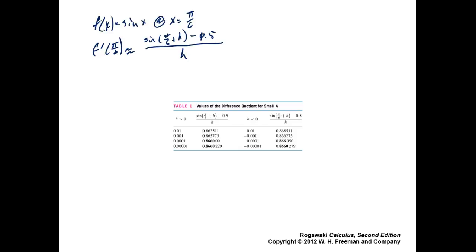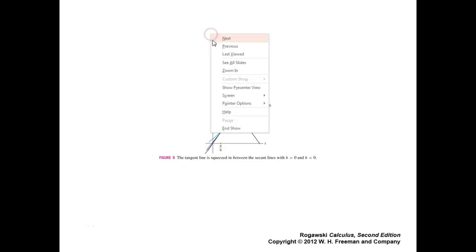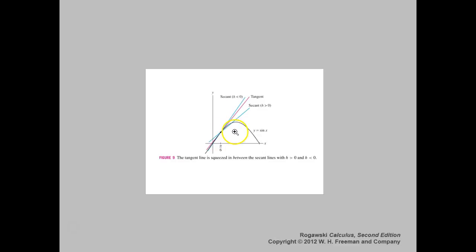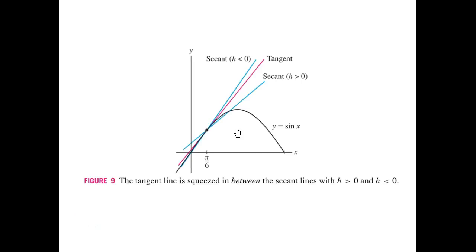Estimating slopes of a tangent line, this is basically what you've got happening there. When your first h is pretty large, here's your pi/6, and they went h here. That's almost another pi/6.